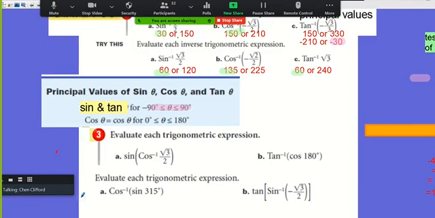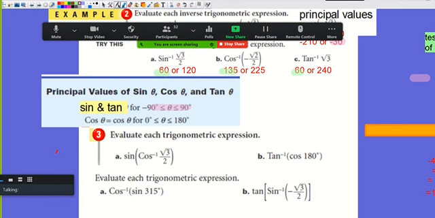All right, and I'm going to change 180, just to make it a little bit quote unquote harder, to pi. And 315, I'm going to change this to 5 pi over, nope, that's not, 7 pi over 8. Okay, all right. Now let's go ahead and start with A right here.